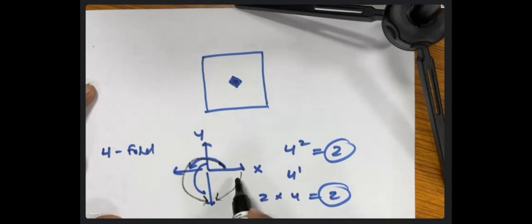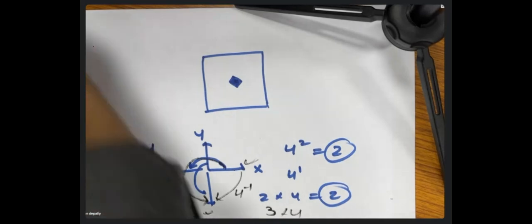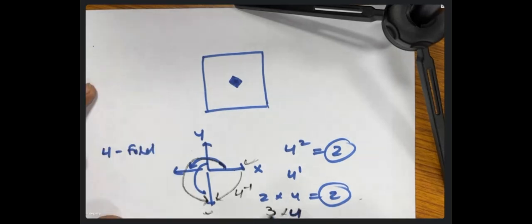The way of getting from the initial to the final can be two ways, either going all the way over here or one can go from here. Then nothing is going to change effectively. So applying fourfold 3 times is nothing but the fourfold inverse.